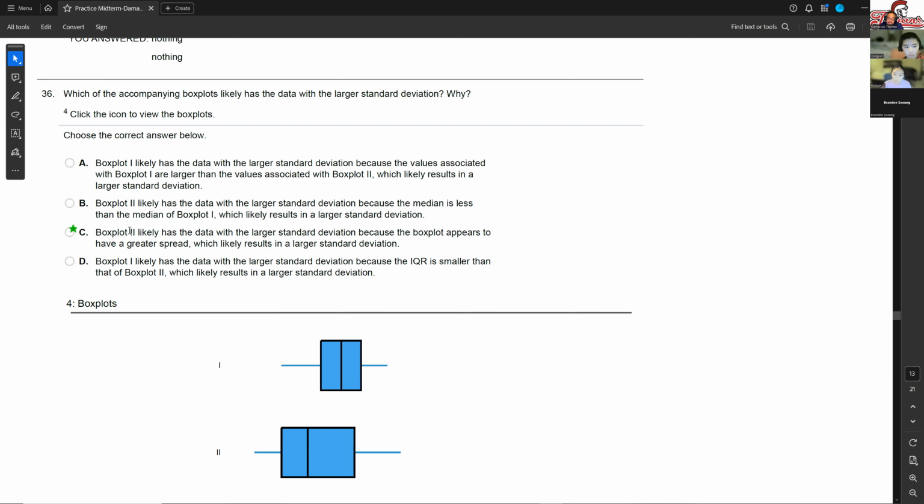So they actually said box 2 is likely to have a larger standard deviation because the box plot appears to have a greater spread, which likely results in a larger standard deviation. It's just likely, right? This is not an exact science.